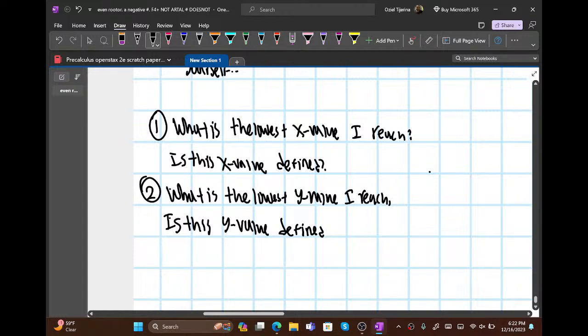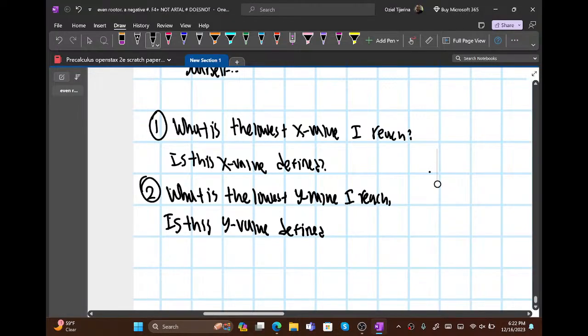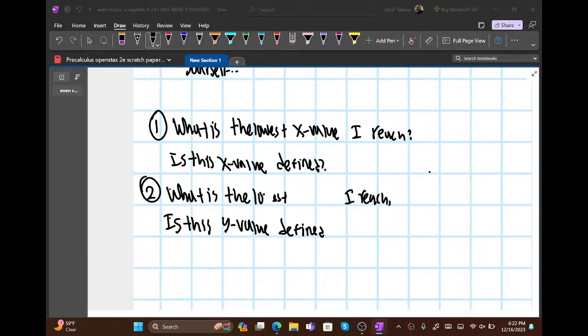So here we're going to do, and actually, it's going to be: what is the highest x value I reach? Is this x value defined?